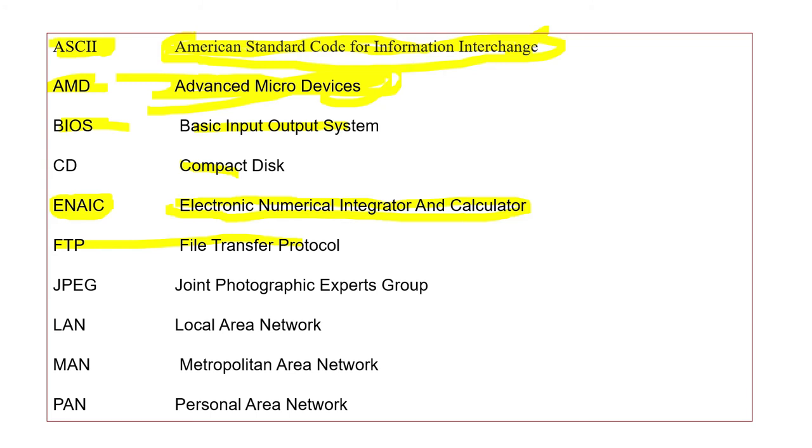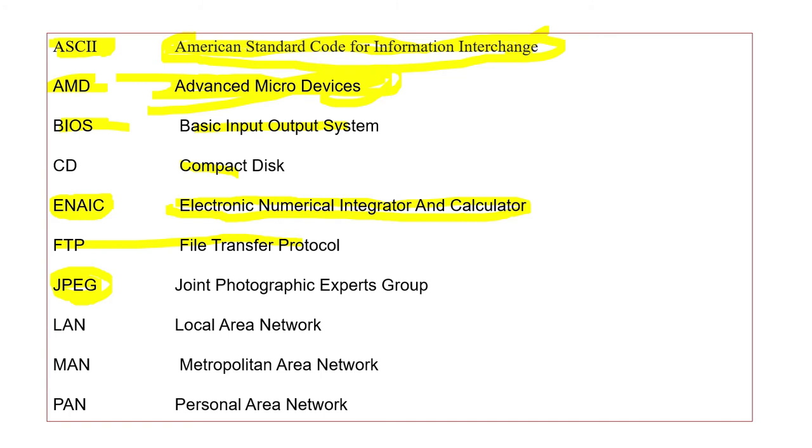Now we have JPEG. You might have heard about JPG, PNG and all. These are formats used for images. Let me tell you one more point. Every file has an extension, and that extension represents what type of file it is. For example, an image file has an extension like JPG, PNG.